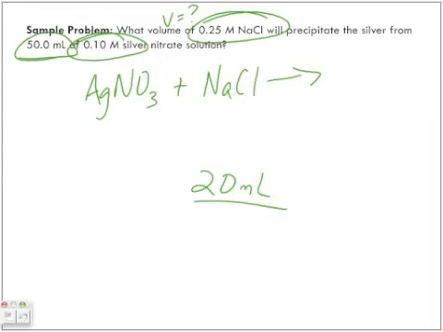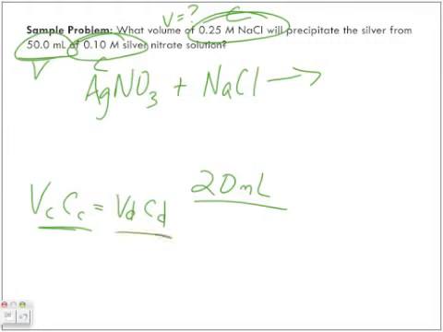But the thing is, we cannot just compare it and go, okay, here's my V, here's my C, what's my V? The reason is, we want to figure out how many moles. We want to make sure we know how many moles. Because before, when we used this formula, what did it mean for both of them?